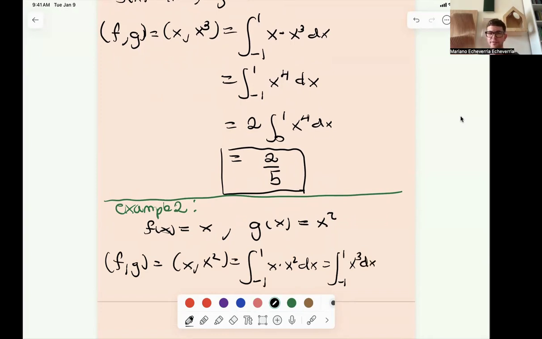But what is the value of this integral now? It should be a quick answer, right? What is the value of x cubed integrated from -1 to 1? It's just zero, right?